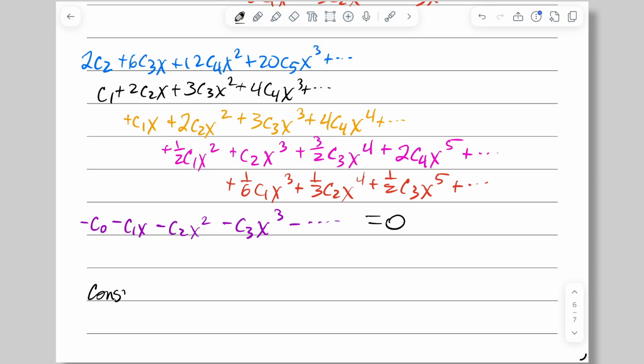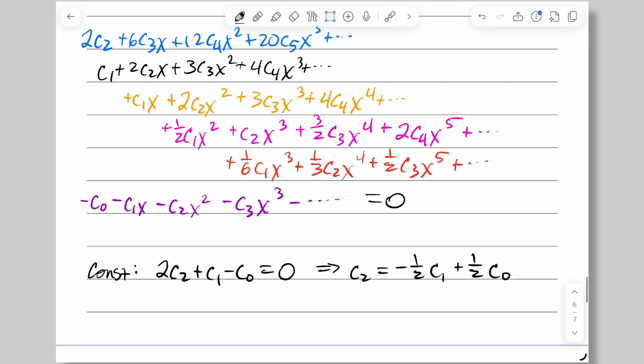So for the constant terms, we've got 2c2 plus c1 minus c0 is equal to 0. I'm going to say that gives us that c2 is equal to negative 1/2 c1 plus 1/2 c sub 0. For the x terms, we have 6c3 plus 2c2 plus c1 minus c1 equals 0.